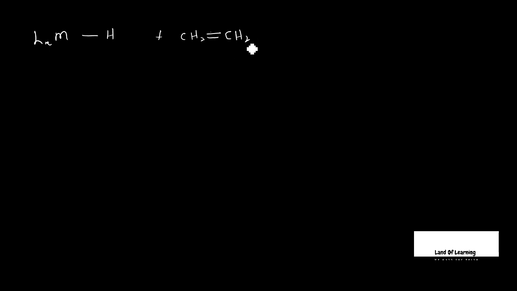Now the first step would be our complex forming a bond with this alkene, right? As you know from our conclusions from those 3 experiments, the direct insertion is not possible.